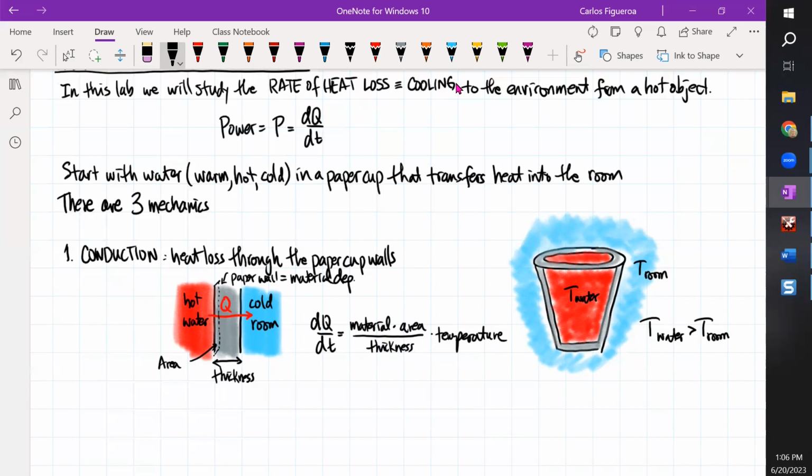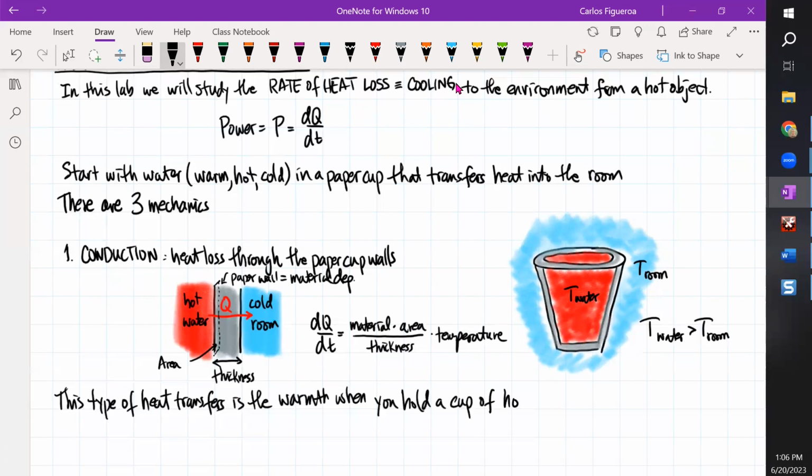So the material dependence is known as the thermal conductivity of the material. And so this type of heat transfer is the warmth when you hold a cup of hot tea.